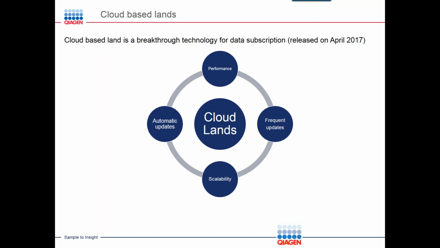But we cannot just continue doing more and more data analysis, because that's the whole point of doing LAN. I mean, the LAN itself is a technology, but eventually it's data subscription, right?